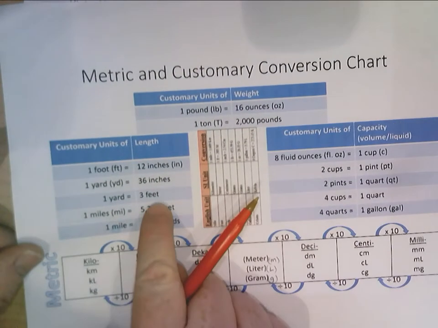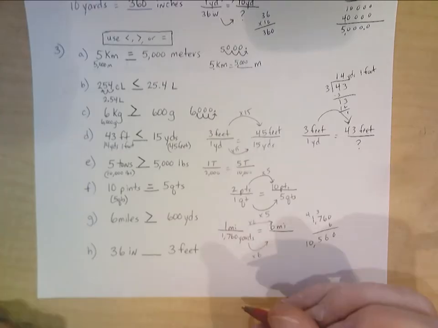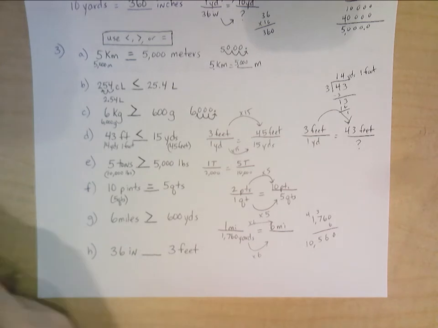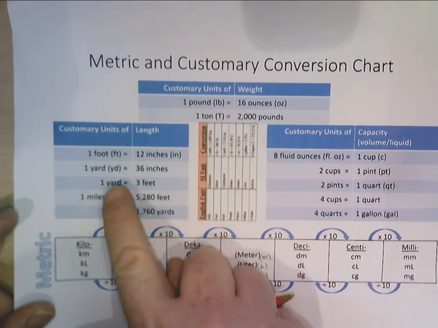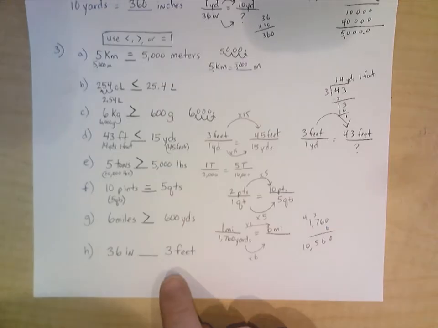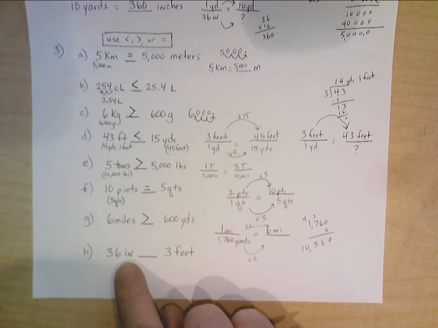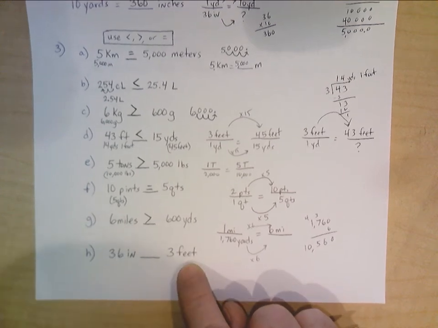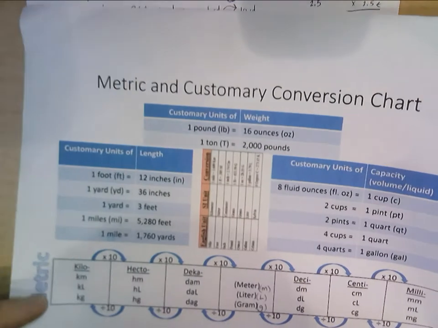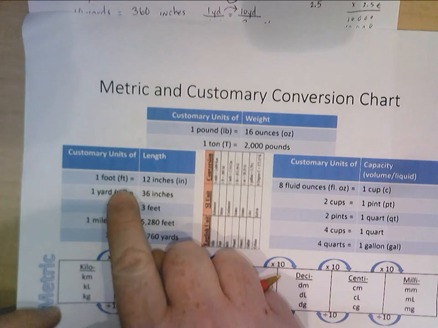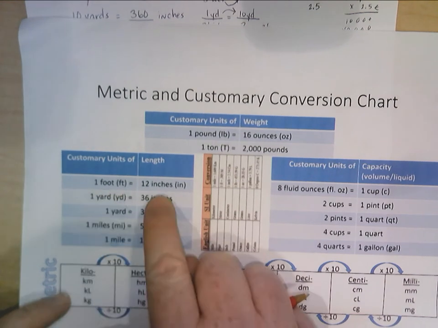We know that 1 yard is 3 feet. Wrong one. 1 yard equals 36 inches. Well, if 1 yard equals 36 inches, oh wait, I'm using the wrong thing. I apologize. I haven't used feet and inches yet. Okay, 1 foot equals 12 inches.